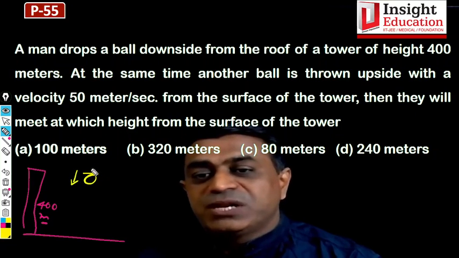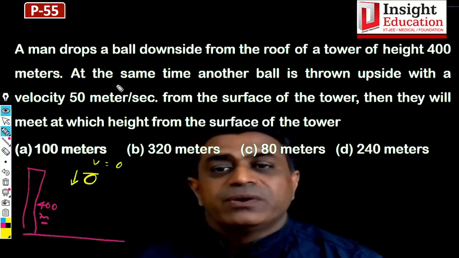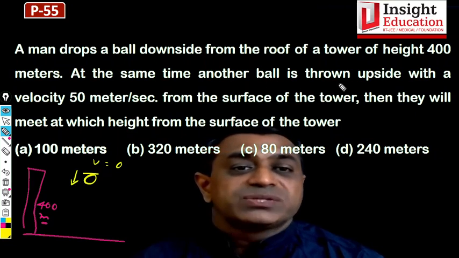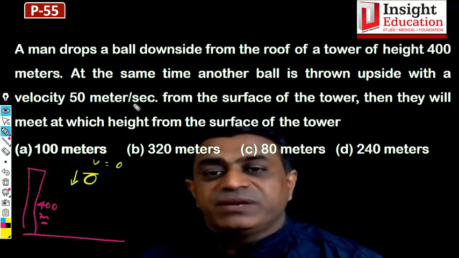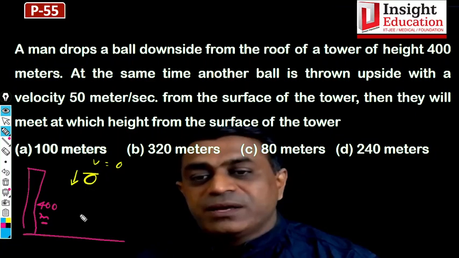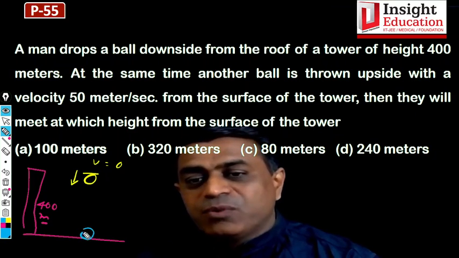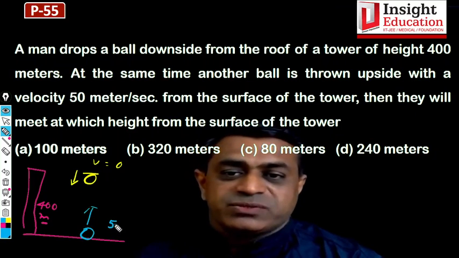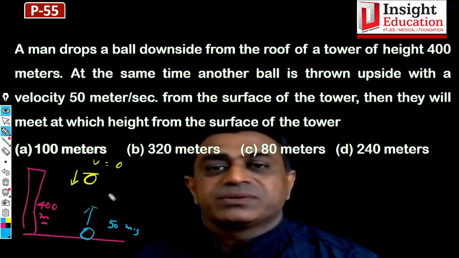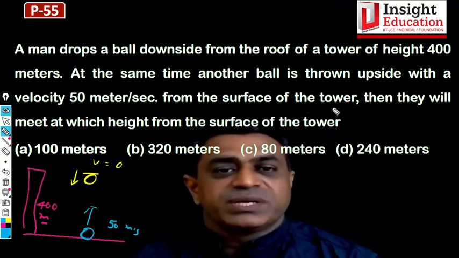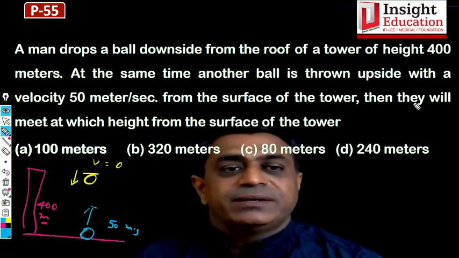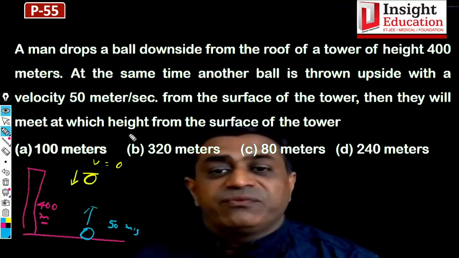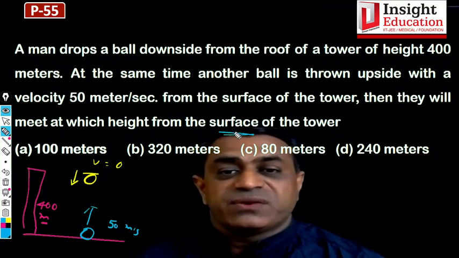Dropped means initial velocity u is 0. At the same time, another ball is thrown in the upward direction with velocity 50 meter per second from the surface of the tower. Then they will meet at which height from the surface?